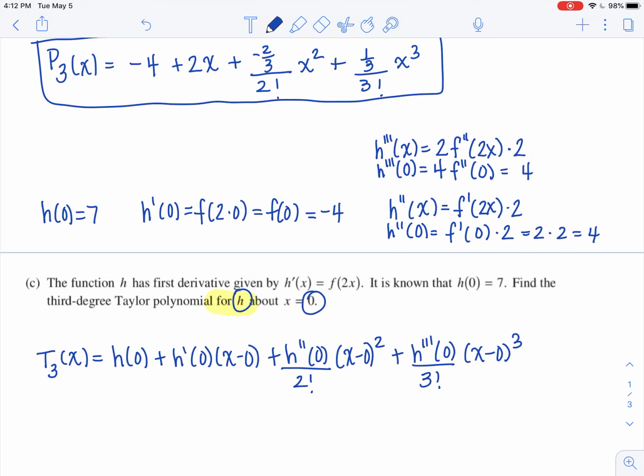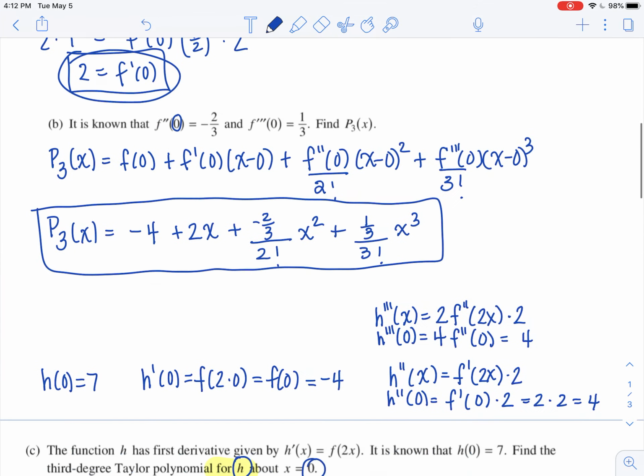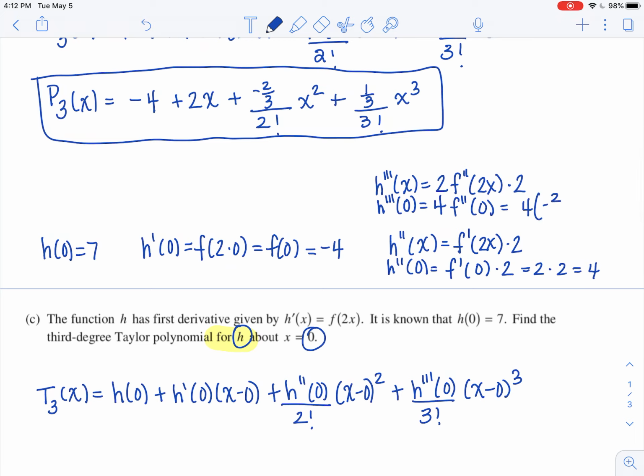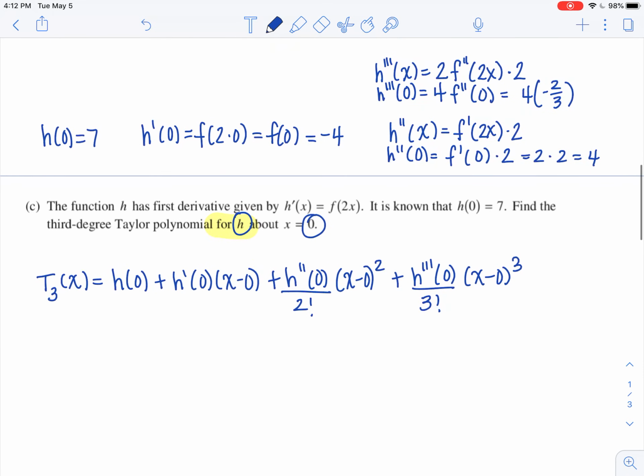So 4 f double prime of 0, they gave us in the previous problem, is negative 2/3. Again, why bother simplifying? Honestly, you could have even left that as 2 times 2 times negative 2/3. Leave an unsimplified answer so you don't risk making any mistakes.